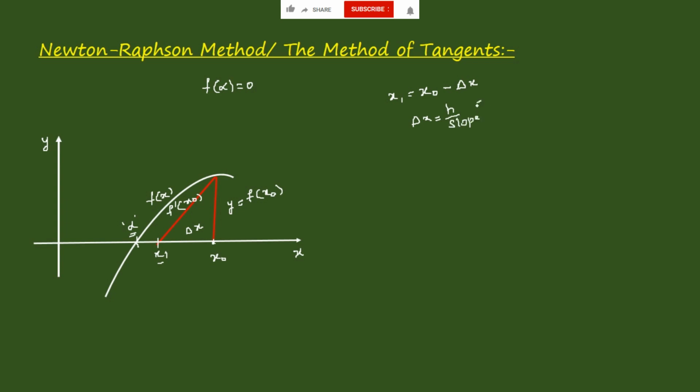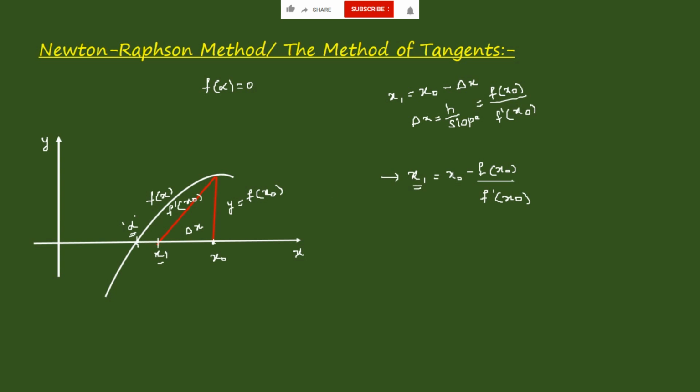Height is given as y, which is f of x0, so f of x0 by slope, which is f dash of x0. So delta of x we got, so we can write x1 is equal to x0 minus f of x0 by f dash of x0. Then we get the x1 value here.